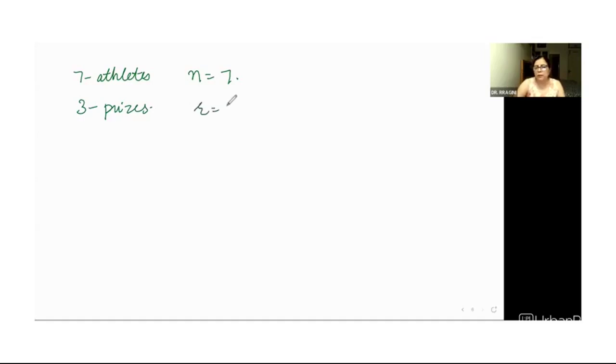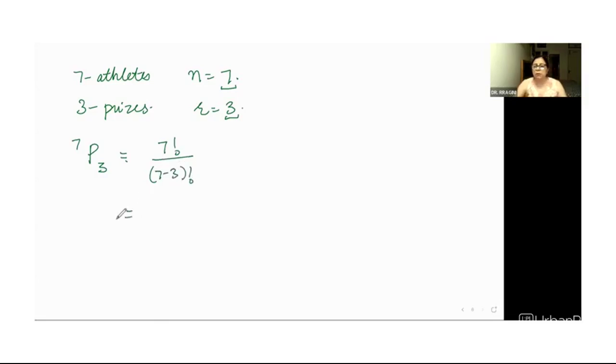So r is here 3. So we require 3 people in the first 3 positions out of a total of 7 people. That means we have to find 7P3, right? So we can solve this by using the formula n factorial by (n minus r) factorial.